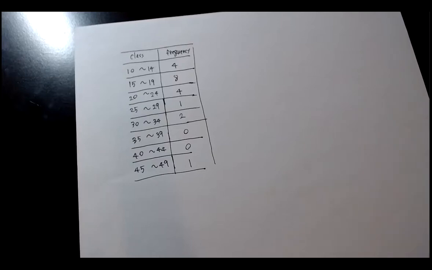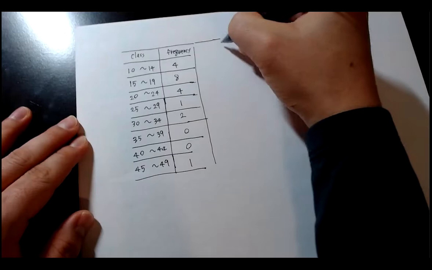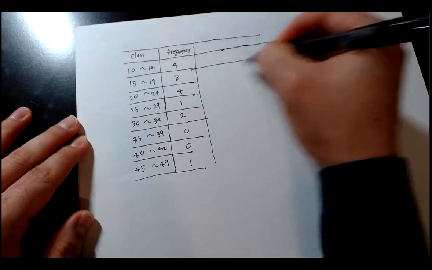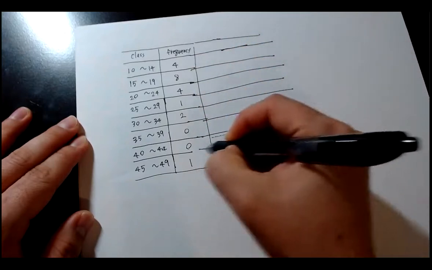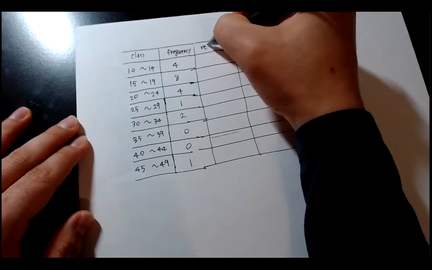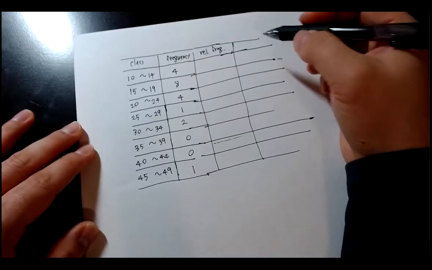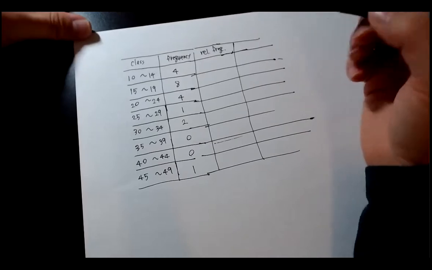In this example, let's figure out the relative frequency. We need the total number of data values, which is 20.